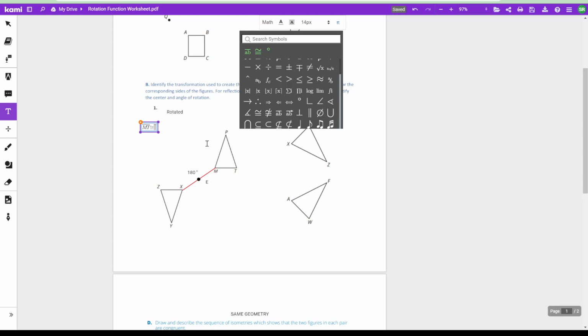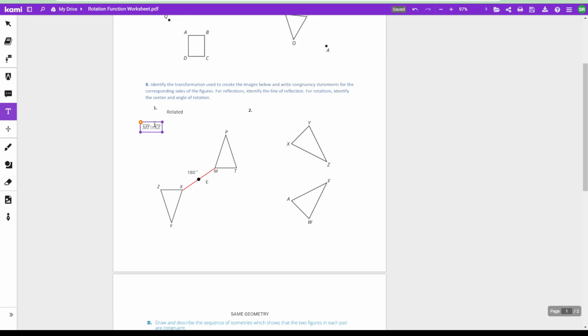So MT, if this shape is rotated, would become XZ. And so MT is congruent to XZ, right? And hopefully I could get that underneath the bar right there. Yeah, so MT is congruent to XZ, which means MT is the same size and shape as XZ. And we know that because these are rotations of each other, and rotations preserve congruency.